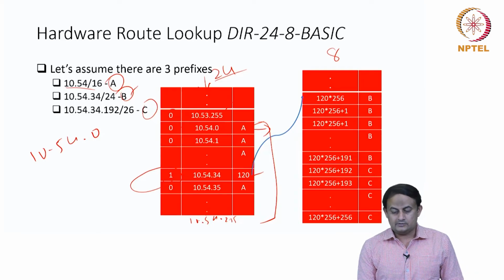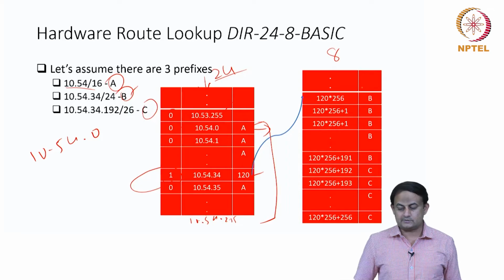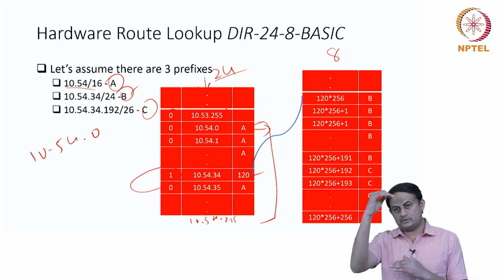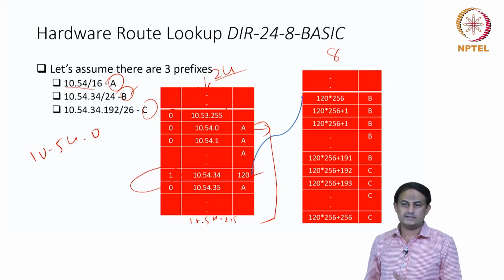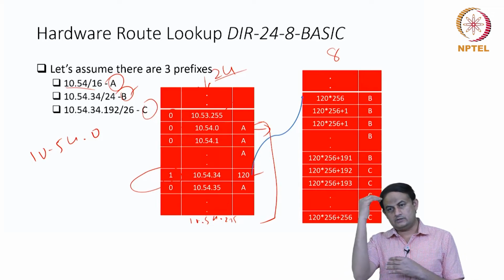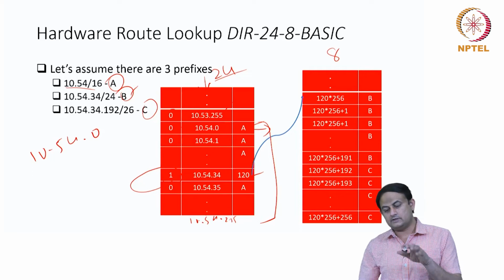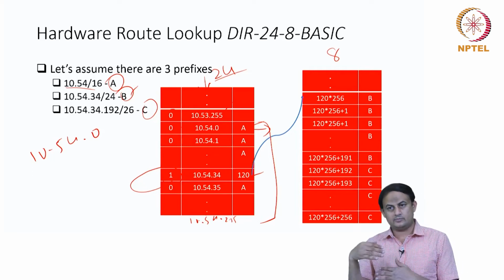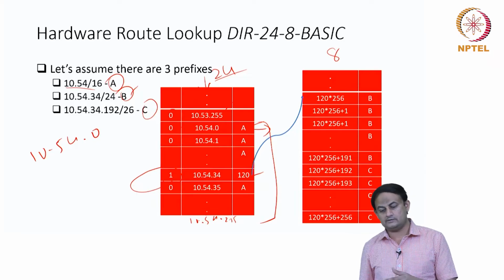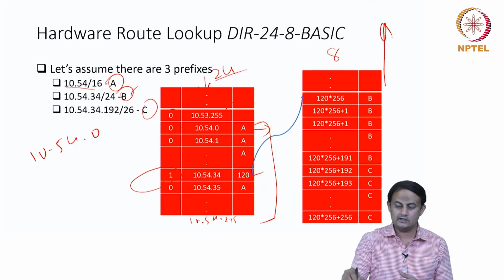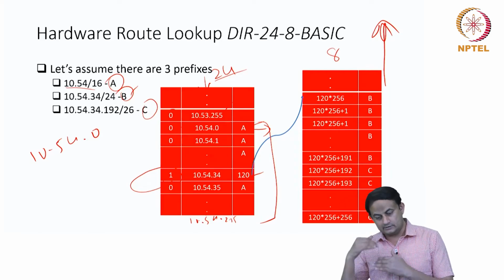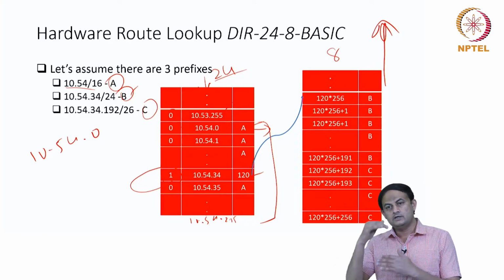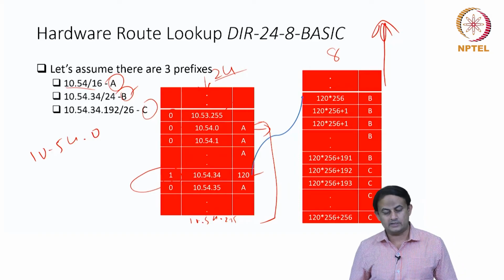So 120 multiplied by 256, because every expansion from the first table to the second table will have 256 entries. What it means is 119 entries starting from the address are already there in this table. So those are here: 256 into 120 entries. This is the starting position of the expansion corresponding to 10.54.34.